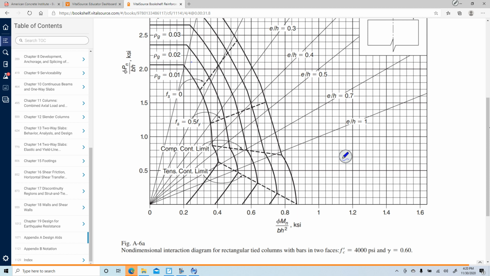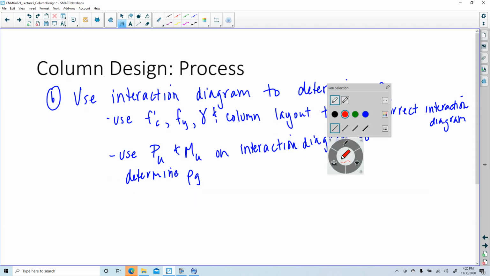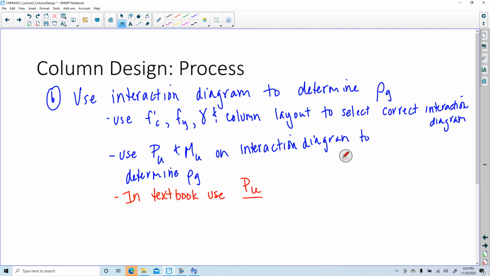So let's make a note in textbook. Use PU over BH and MU over BH squared. Right? That's what it said, right? BH squared, yeah.